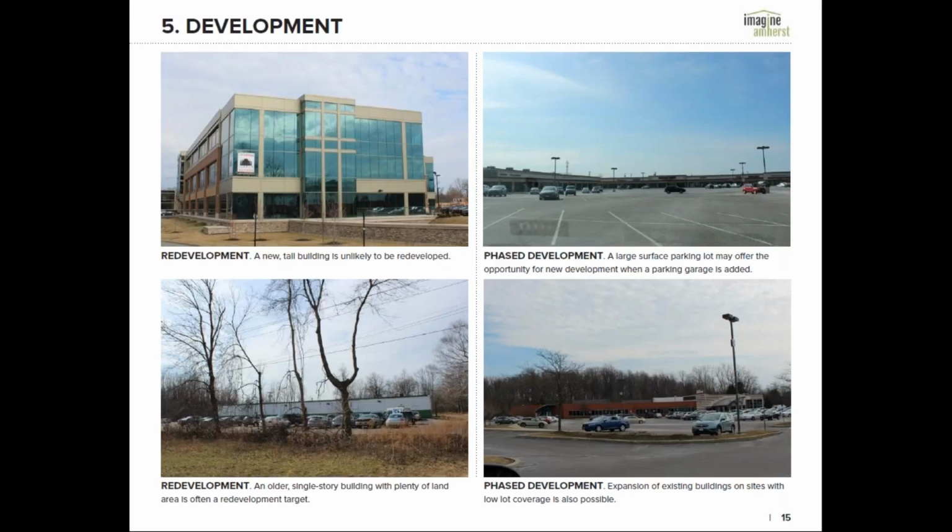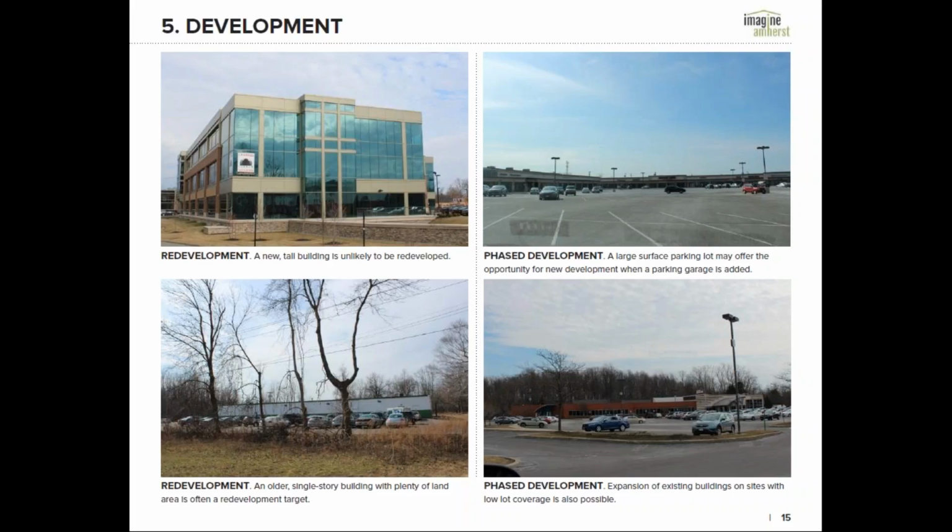The final question about the overall development is about phase development and redevelopment of sites. We want you to think carefully about whether what you're looking at is likely to be redeveloped. We want to focus on those areas that have the greatest likelihood of phased additional development or redevelopment. The building in the top left image is a brand new building. It's unlikely to be redeveloped.